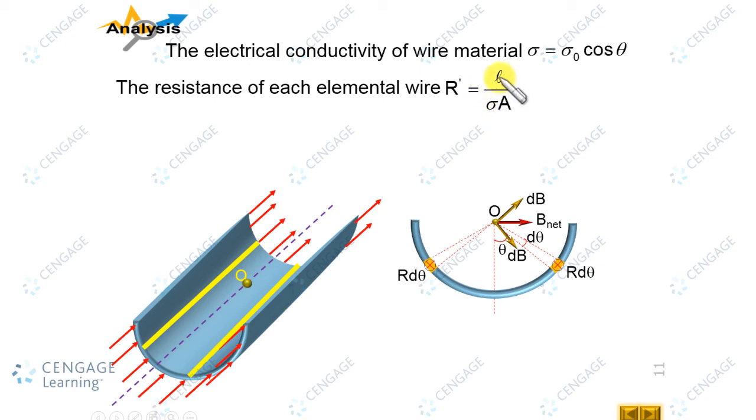That's why we have written L divided by sigma A. So this resistance should be equal to L divided by sigma naught cos theta, and the cross-sectional area of this should be equal to, because T is the thickness and the length of this section is R d theta, T multiplied by R d theta. So on rearranging the terms, we can write like this.